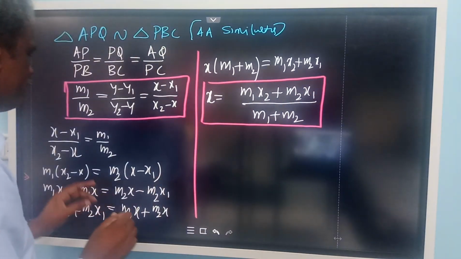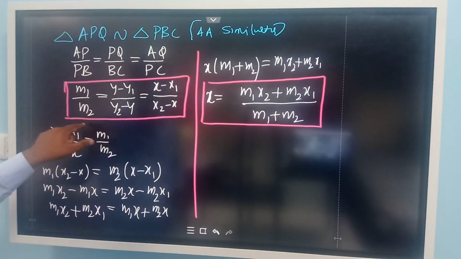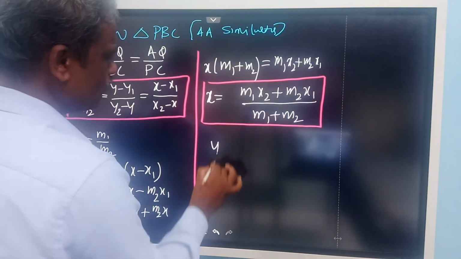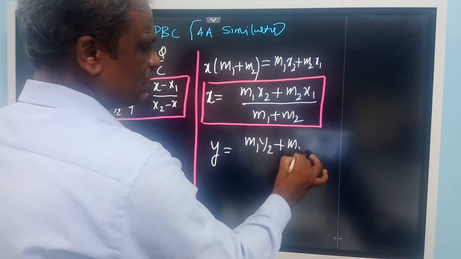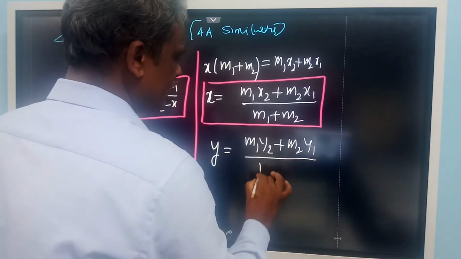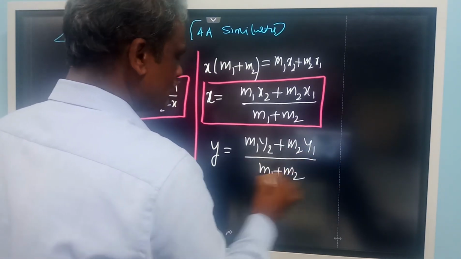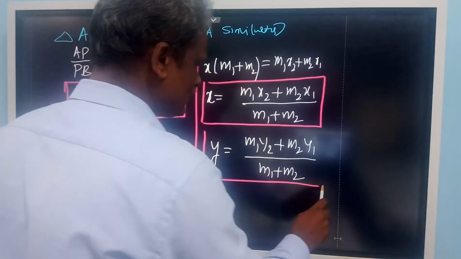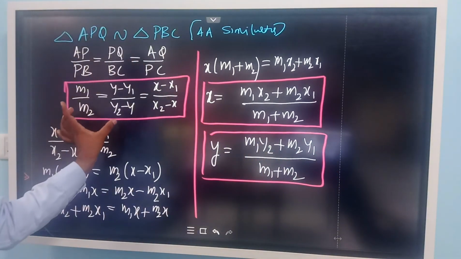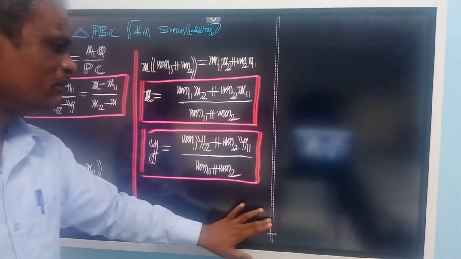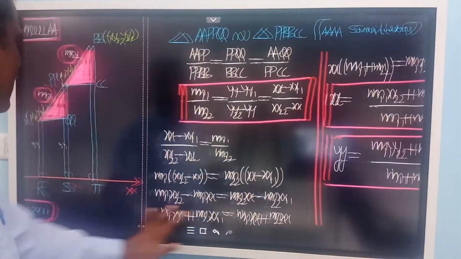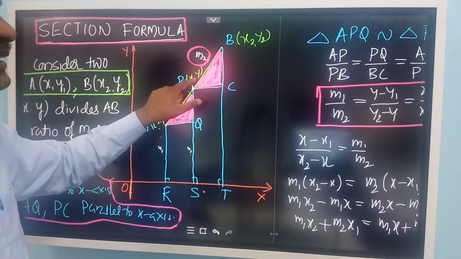In the same way, equate this second and first, you will get the y value as m1 y2 plus m2 y1 divided by m1 plus m2. After simplification, you will get this one. So now the point which is dividing the line segment here, this point P is x comma y.